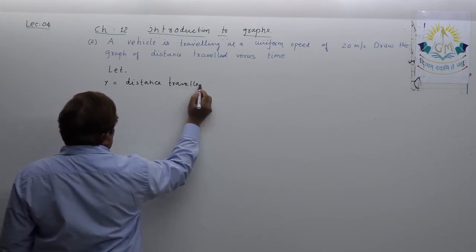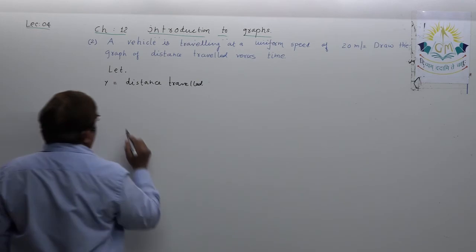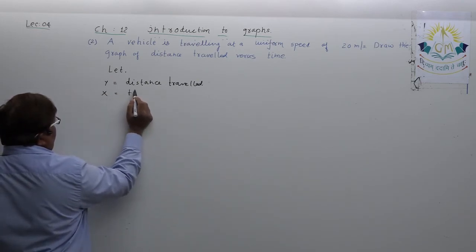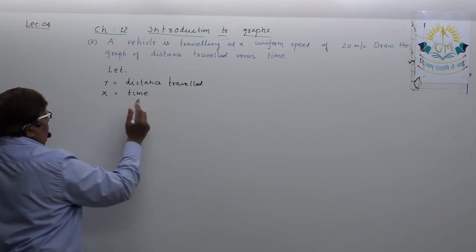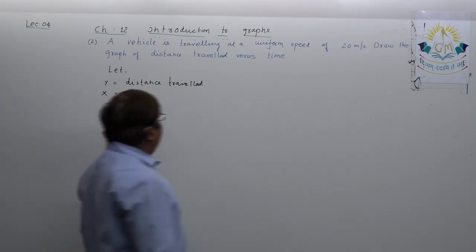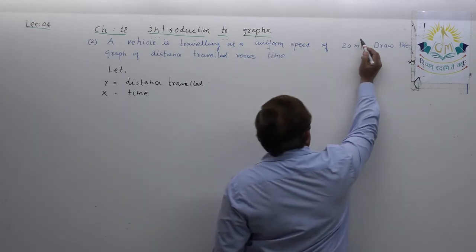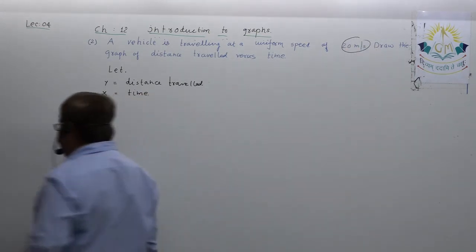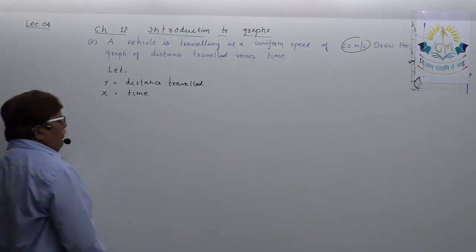Y equal to distance traveled, x equal to time, okay? Speed has already been given. What is the speed given? 20 meter per second.